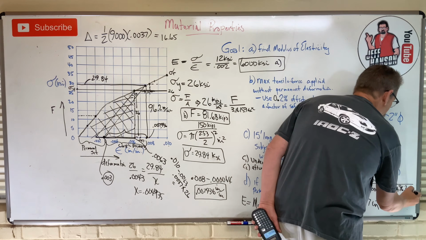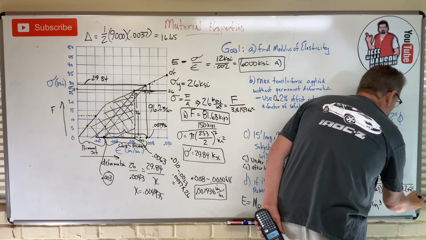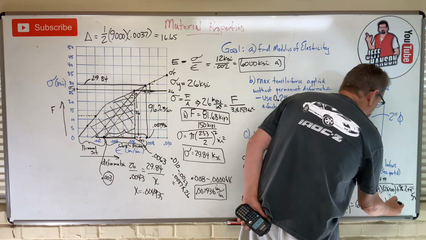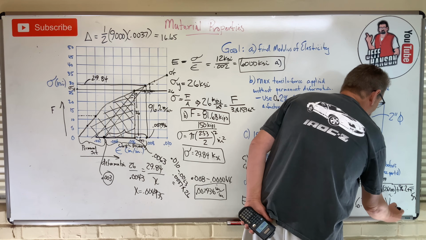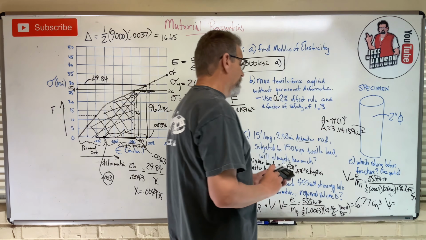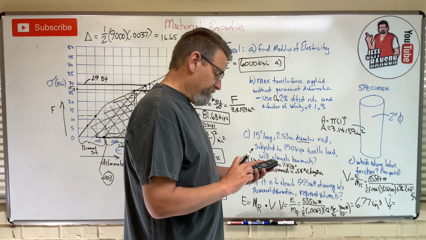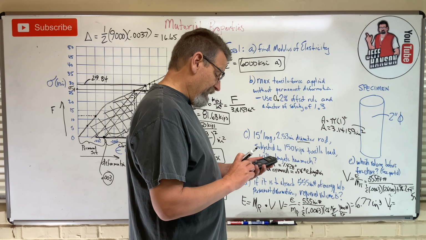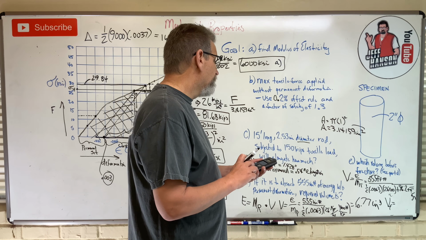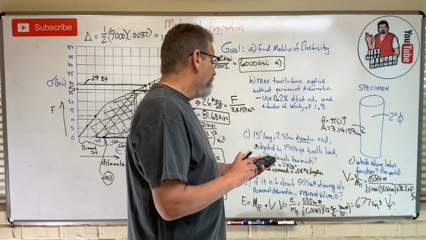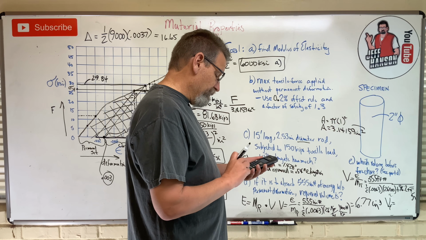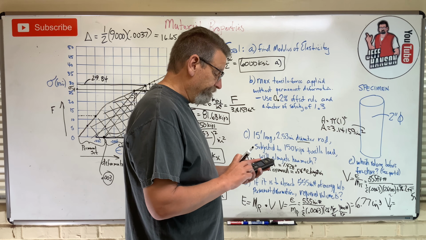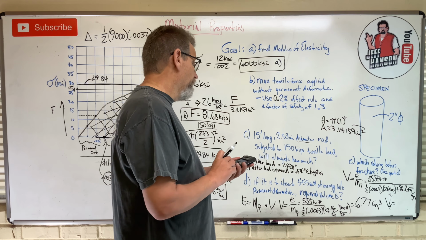So plus 16.65. Oh, I'm running out of room. So the volume before fracture is going to be what? 555 times 2 equals, divided by 0.0063. Oh, let's not do that. Let's find that whole bottom part first.